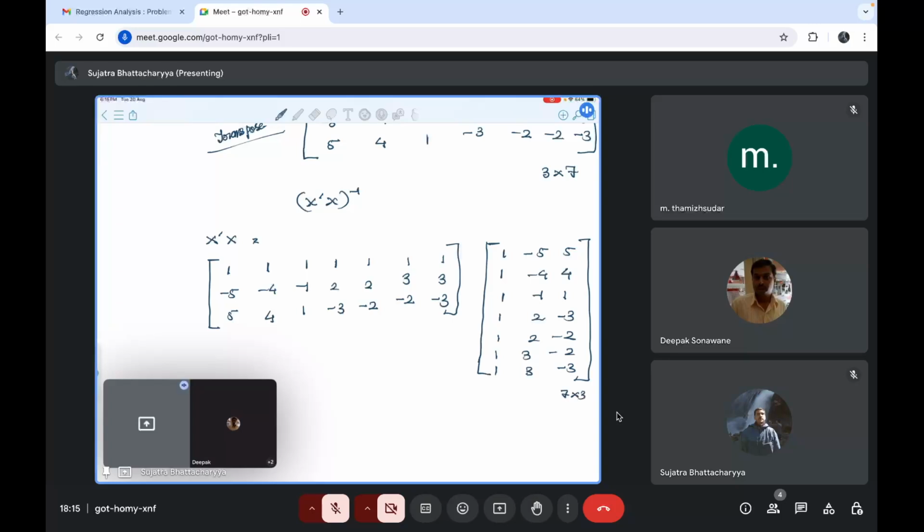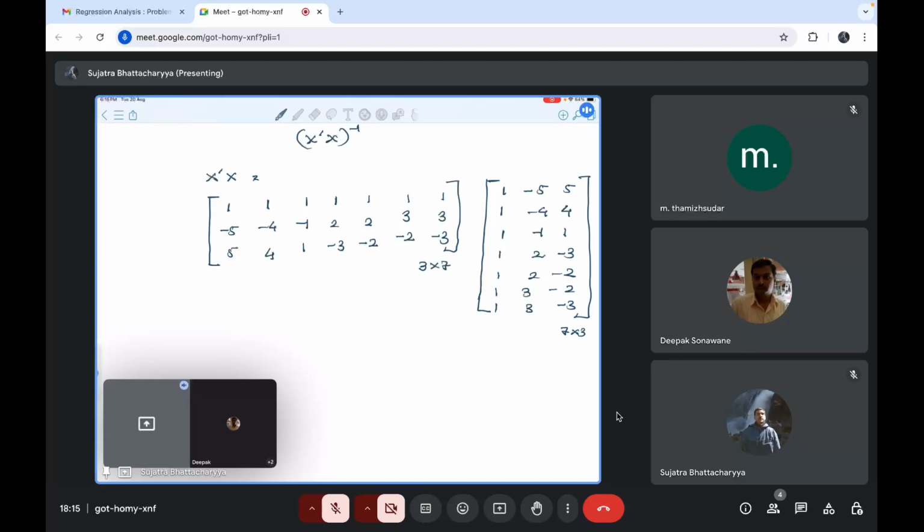So this is 7 cross 3, this is 3 cross 7. Finally, you know that it will be a 3 by 3 matrix, right?